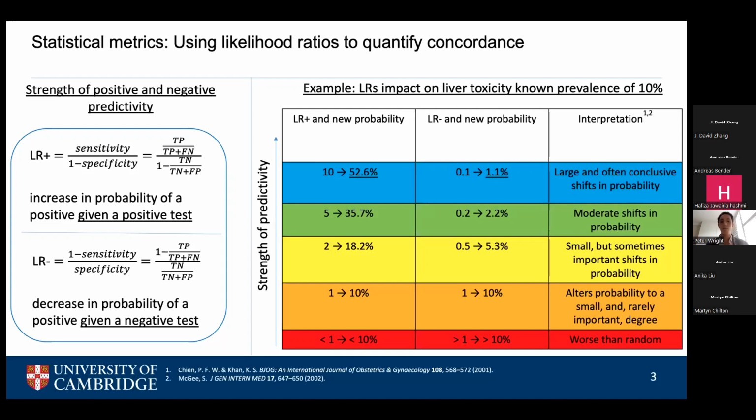So for example, a likelihood ratio plus would increase the probability of observing liver toxicity in dog from 10% to 52.6%, so quite significant. And a likelihood ratio minus of 0.1 would decrease the probability of observing liver toxicity for that compound in dog, given observation of absence in another species, to 1.1%. I hope that's not too confusing. We can discuss them later at the end of the talk if that helps.